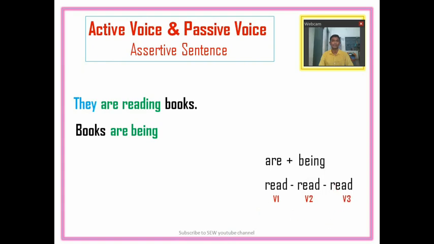So the V3 form should be used: read. After the main verb, the preposition by should be used. Next, the subject they, and the object pronoun of they is them. So books are being read by them. Okay. Next example.